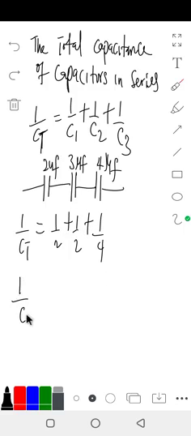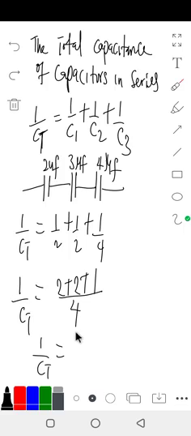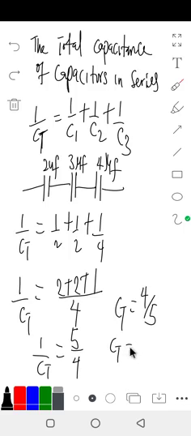Therefore, 1 over CT equals, LCM is 12. 3 in 12, 4. 4 times 1, 4. Plus 2 in 12, 6. 6 times 1, 6. Plus 4 in 12, 3. 3 times 1. You have 1 over CT equals 13 over 12. Then from here you have CT equals 12 over 13.